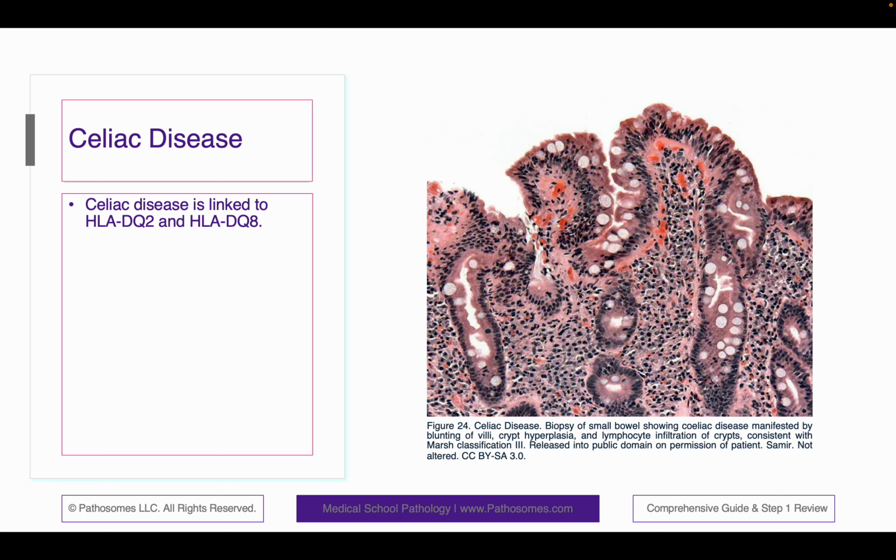In a perfect world, you have a biopsy of the small bowel showing celiac disease manifested by the blunting of villi, crypt hyperplasia, and notable lymphocyte infiltration of the crypts.